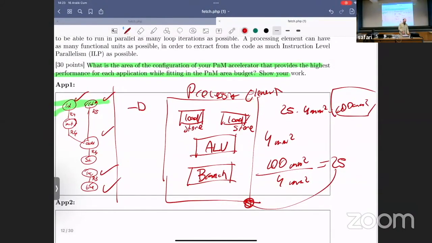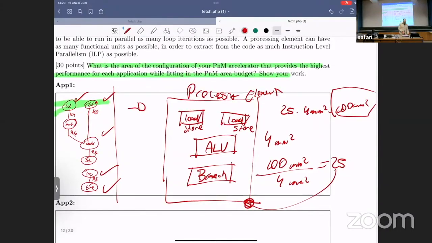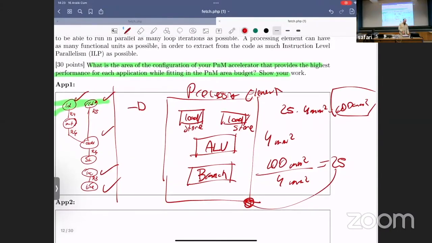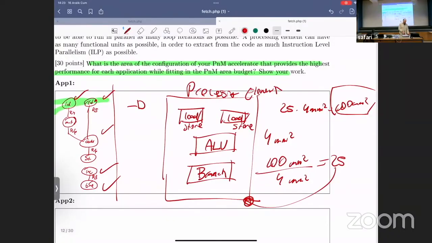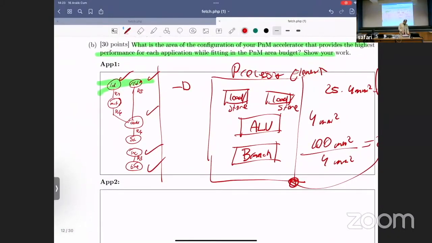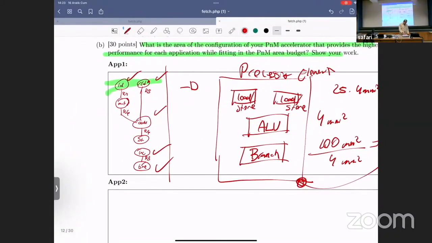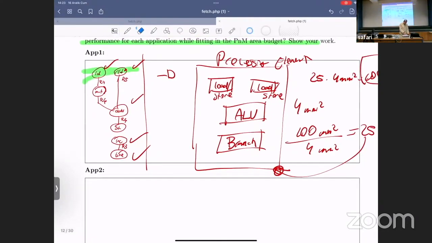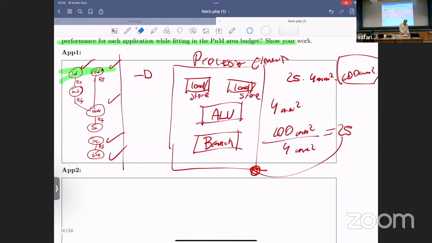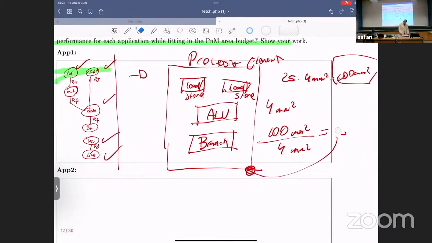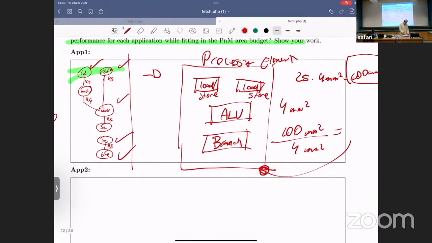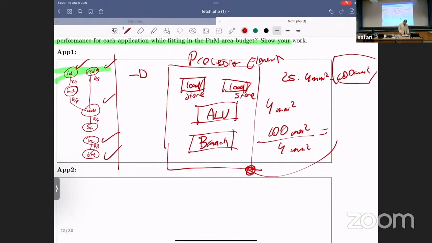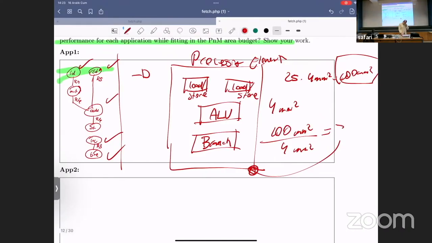Is there a question? Can you fit 33? Let me do the calculation. Yes, you can fit 33 actually.